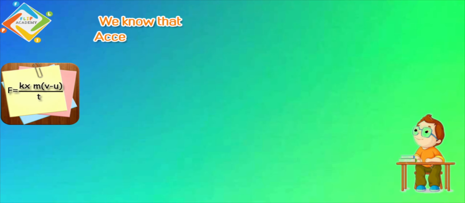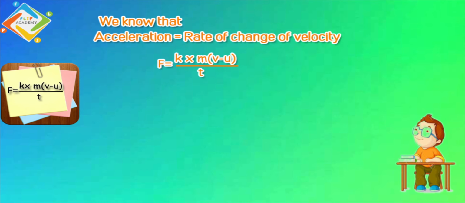We know that the acceleration is given by the rate of change of velocity. The acceleration is represented by a and rate of change of velocity is represented by v minus u upon t. Using this equation and arranging equation number 1, that is, instead of v minus u upon t in equation number 1, substitute it with a.